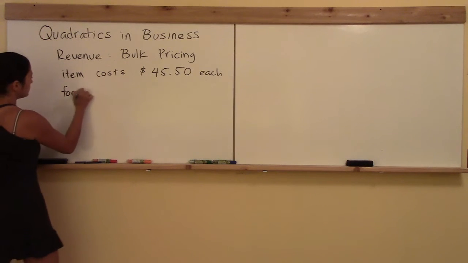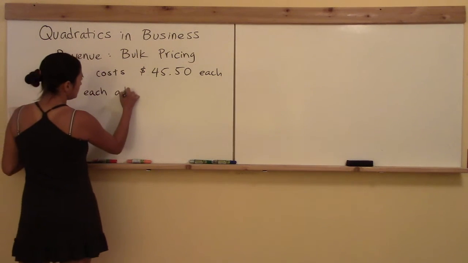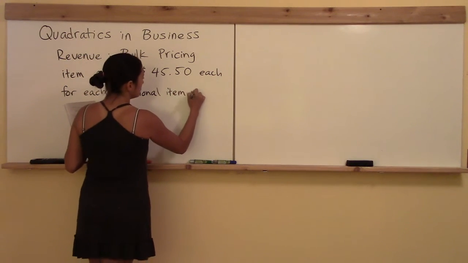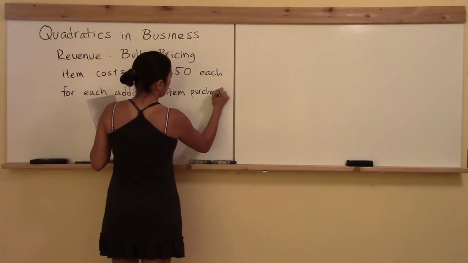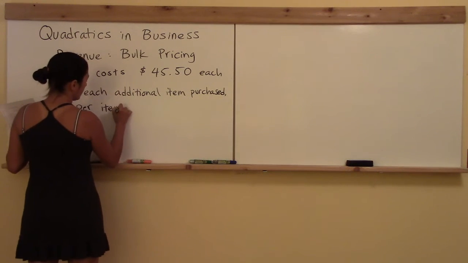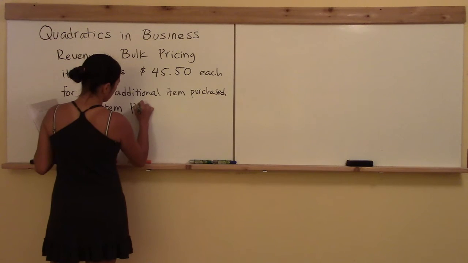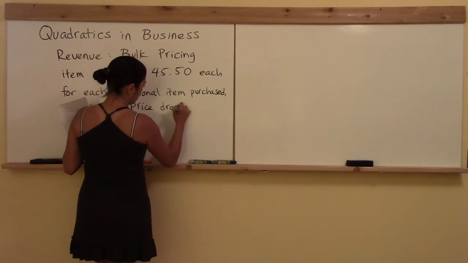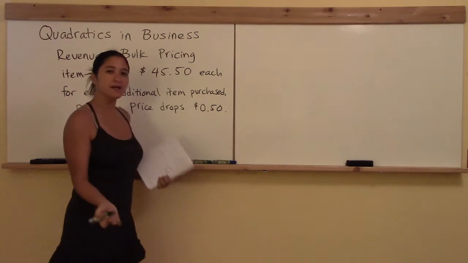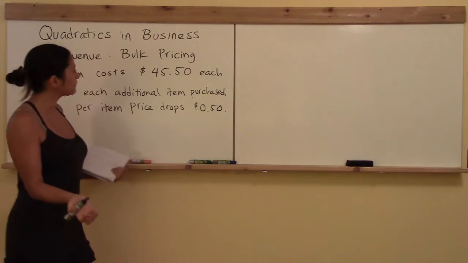So for each additional item purchased, then the per item price for all the items drops by 50 cents. Does that make you want to buy more? I hope so, because that's my whole point, is I'm trying to sell more of them to you.